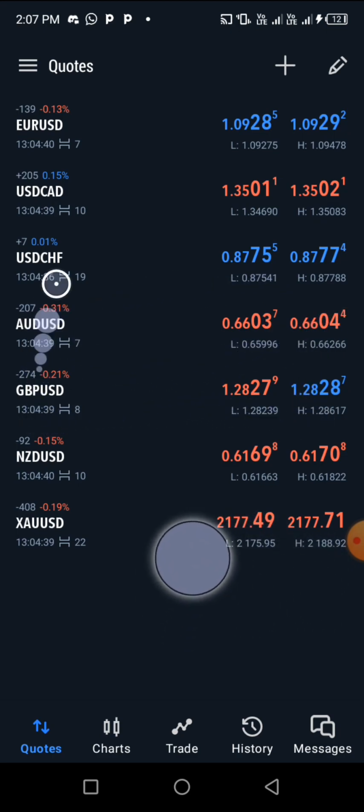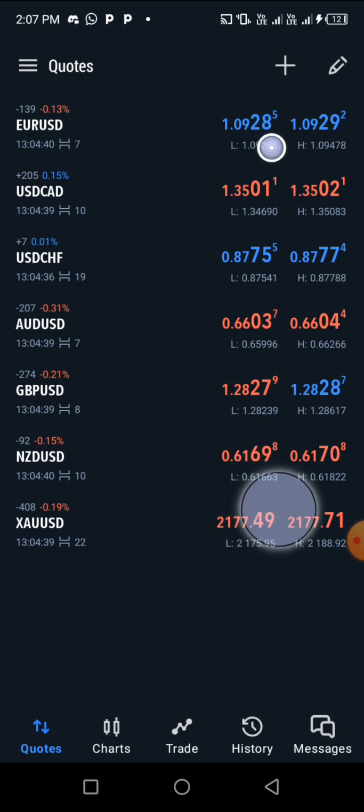So for instance now, the fractional difference between a price is usually calculated. The fractional difference in price is pips, which we have said is price interest point. So whenever price moves, the difference between price A and price B is known as pips.